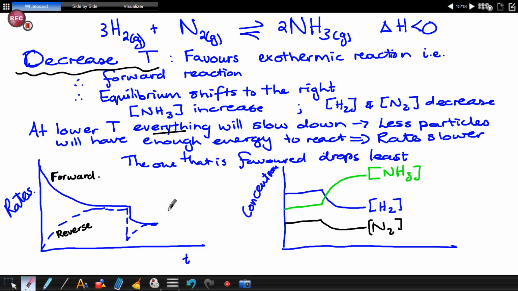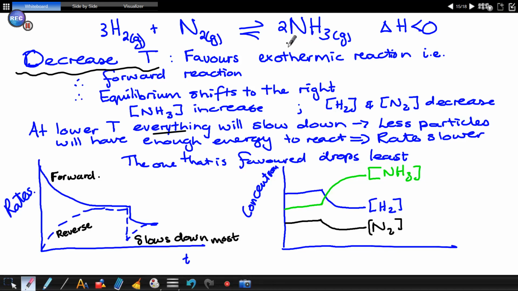So just to confirm, with a decreasing temperature, both forward and reverse reactions will slow down. The endothermic reaction slows down most, and that is the reverse reaction. But as ammonia forms, it will speed up the reverse reaction.